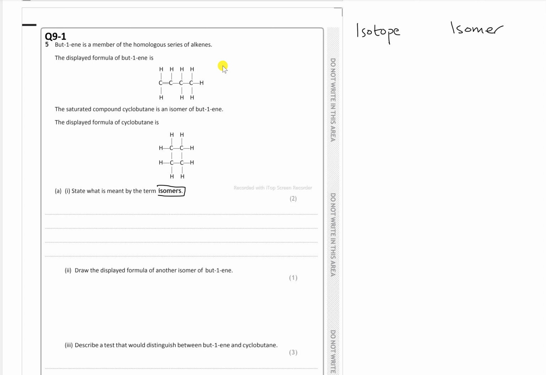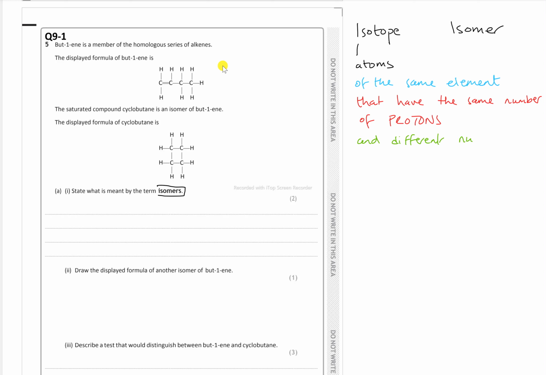Isotope is atoms of the same element that have the same number of protons but different number of neutrons.